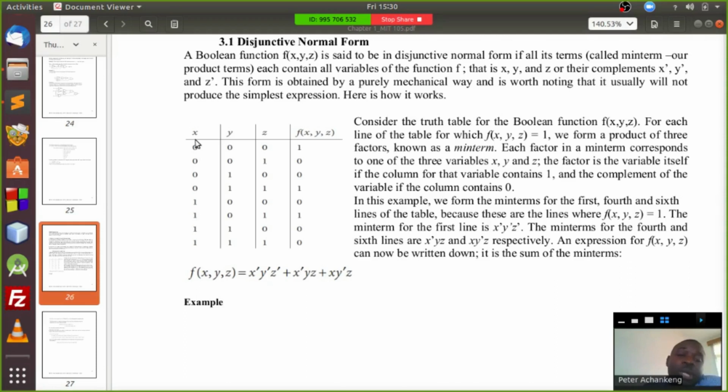And we are saying that f of x is actually giving us the acceptable conditions that we want to see in that system. So if f of x, y, z is 1, it means that we want that kind of system to exist. It means that we want that when x is 0, y should be 0, and z should be 0. I'm looking at the truth table.